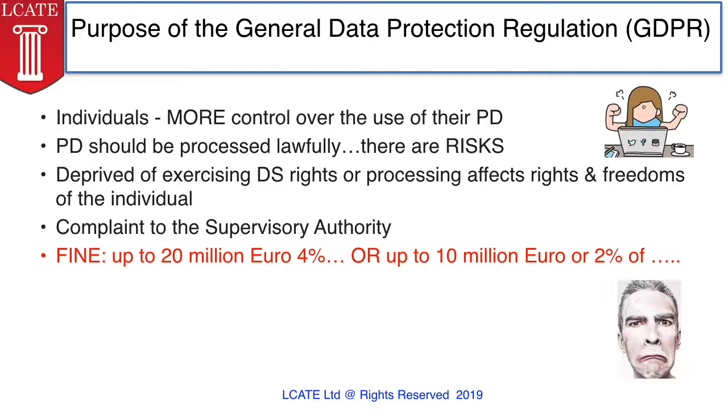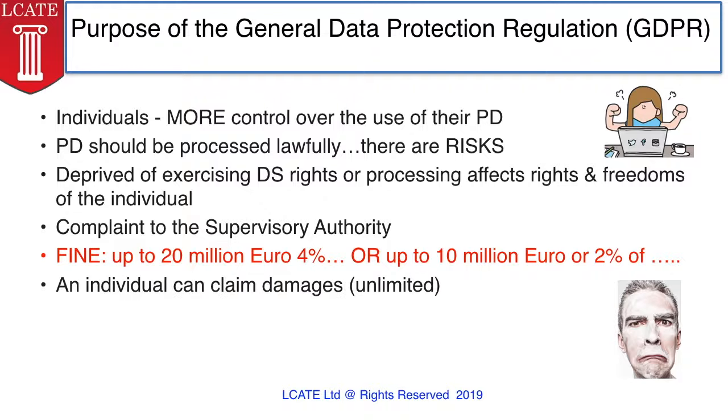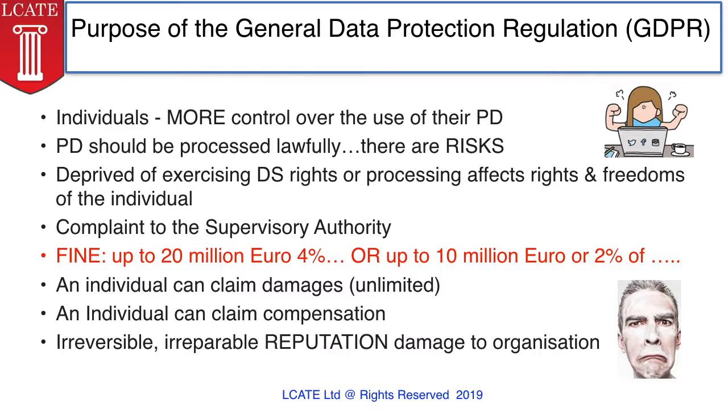Bad news. There's even more bad news. An individual can claim damages directly against the company, and the damages can be unlimited. And on top of that, the individual can claim compensation. But the bad thing here is, even if the actual fine is minor, it's made public, and the actual damage to the reputation is irreversible and irreparable, because basically customers or clients will probably not part with their personal data.